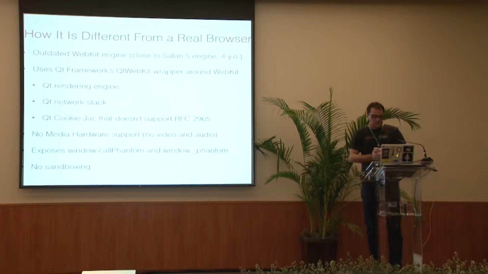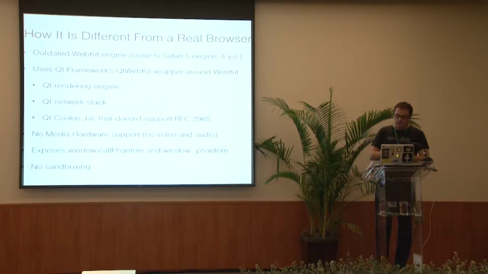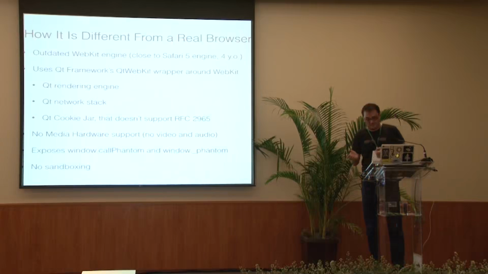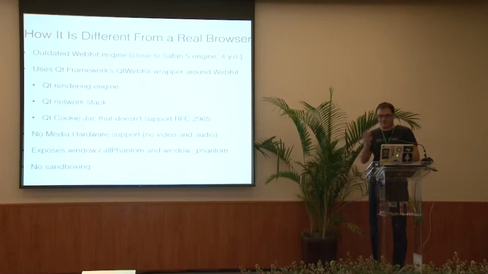Even if you pretend your Phantom.js instance is a Chrome browser, there potentially would be some differences because of these points. First, Phantom.js is using a pretty old engine. There are two versions of Phantom.js.